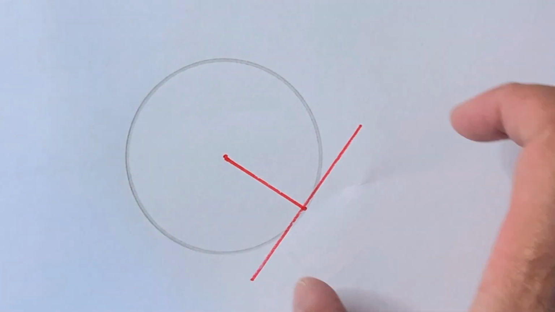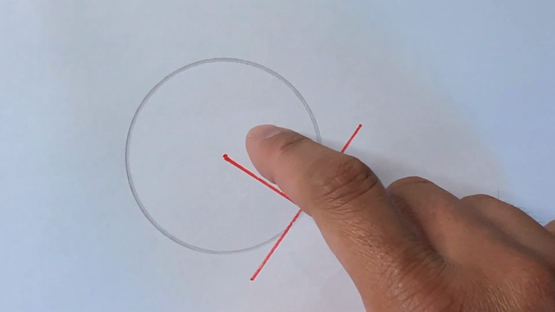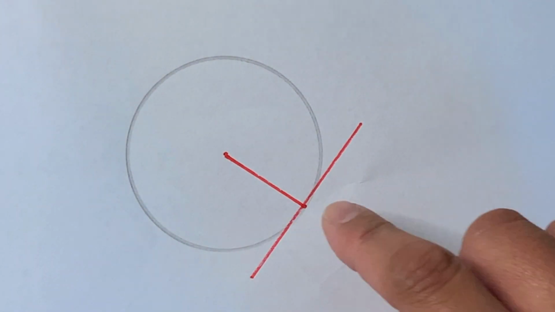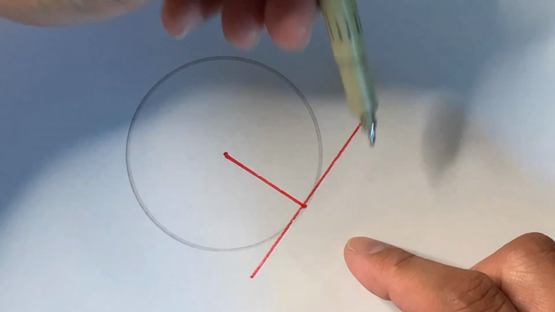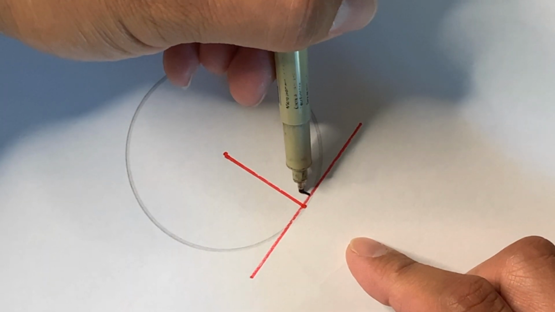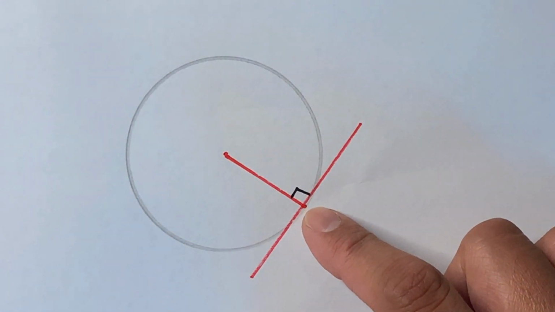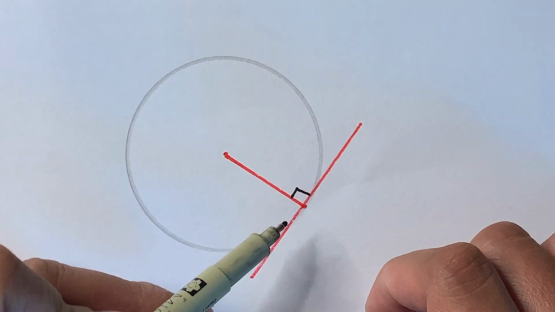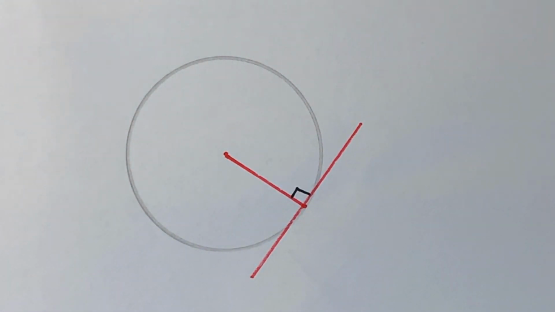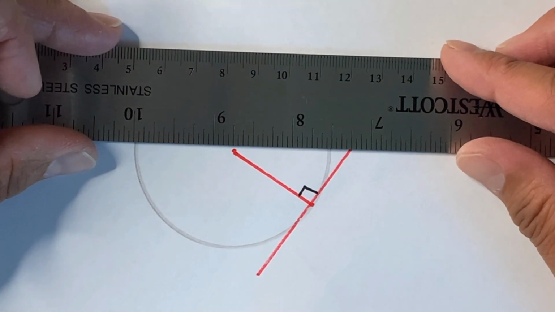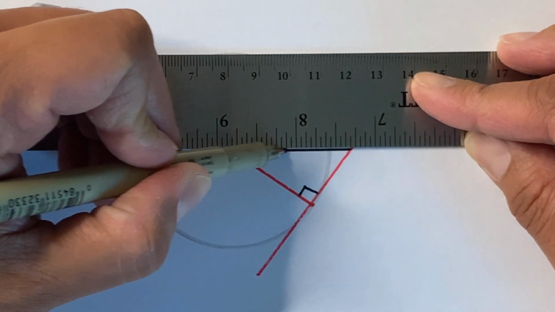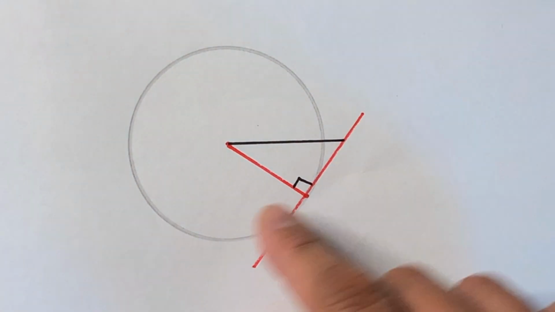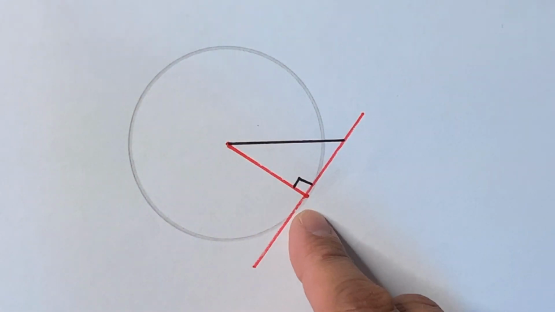So to the question at hand, why is every radius that connects to the point of tangency on a tangent line, why are those two always perpendicular, or why do they always make right angles? Well, here's our radius. If I took my ruler or any straight edge and I drew any other line like this and made a right triangle, this would be a hypotenuse, this would be a leg.